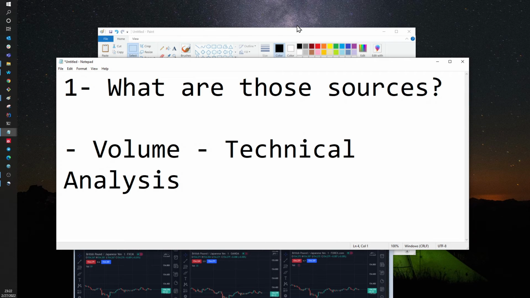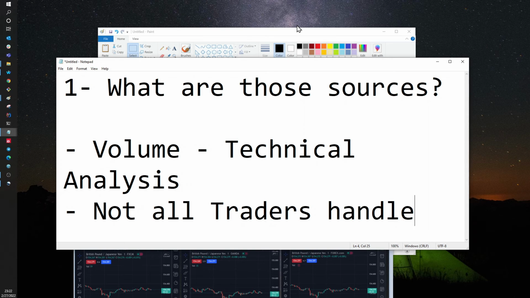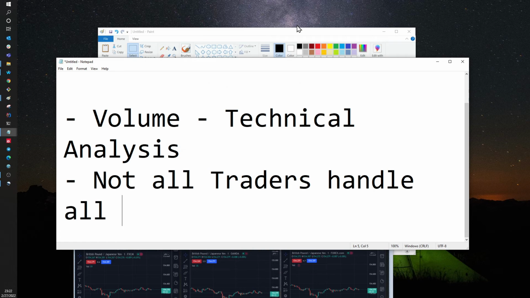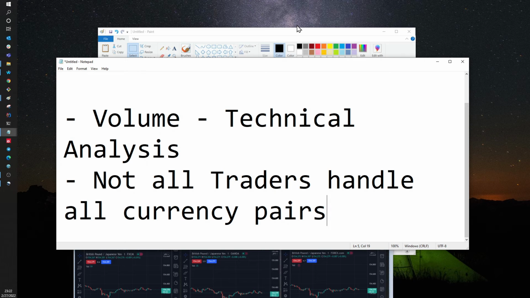That's not all. Something that was not obvious with what I showed you at all, but you need to be aware of: not all traders handle all currency pairs. So that's another consideration. And there's more than that, but that's enough for now.